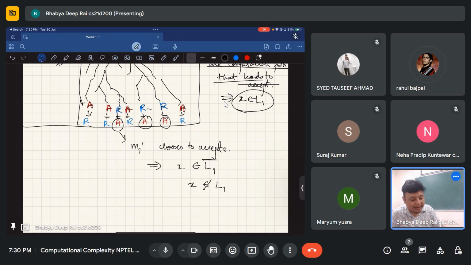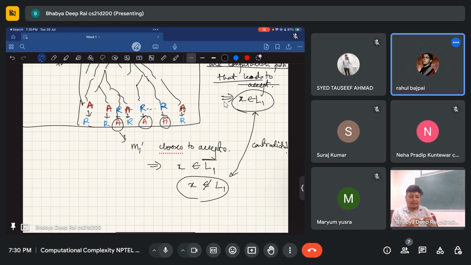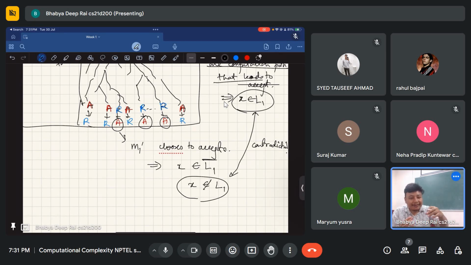Fine. Now, there is a contradiction here. So this algorithm is not correct. It causes this problem. M1 prime is not correctly able to decide L1 bar using the same flipping logic.